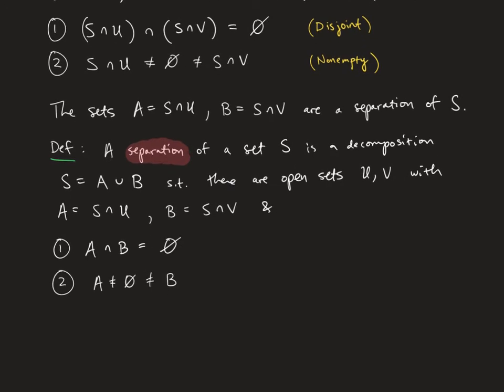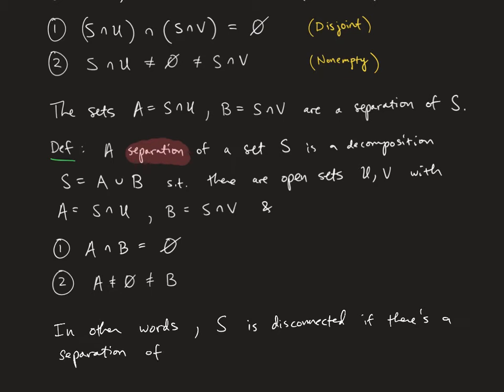Okay, so in other words, S is disconnected if there's a separation of S. My professor, Professor Don Davis, called these sets A and B Don sets after himself, humbly enough.